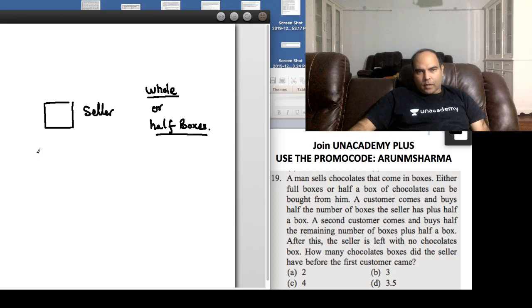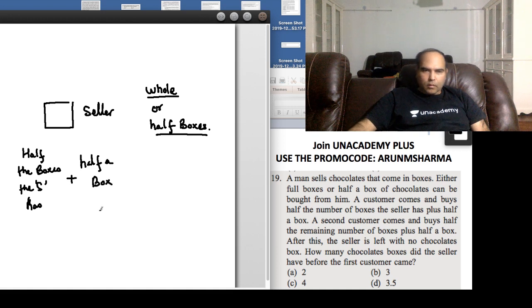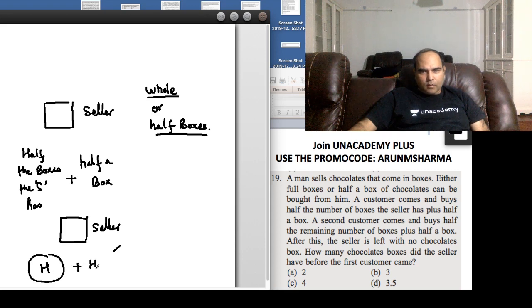So the first customer comes and buys half the boxes the seller has plus half a box. And with what is left with the seller, a second customer does the same thing: half the boxes he has plus half a box.